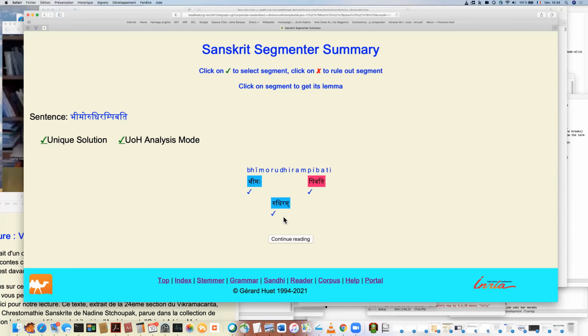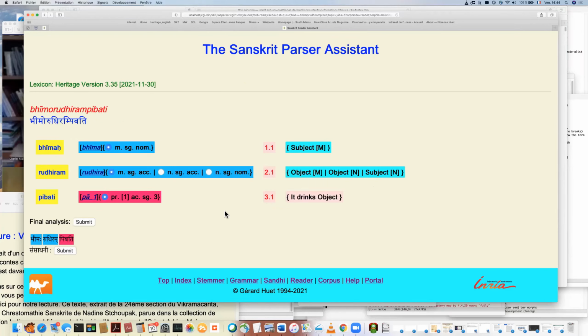If you want to have the final unique vibhakti, I showed how to do that in this other interface, which proposes various vibhaktis. So here it has suggested Bhima as Pratama because there is no choice. Here for Rudiram, you have to click on one of the possible vibhaktis.